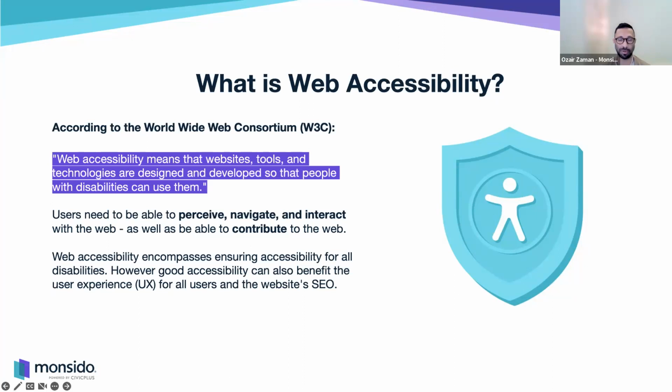And are they able to contribute? And this is a great starting point for starting the journey into making your website accessible. Now, web accessibility encompasses ensuring accessibility for all disabilities. However, good accessibility can also benefit user experience of all users, right? And website SEO also benefits from this as well. Next, please, Clarence.